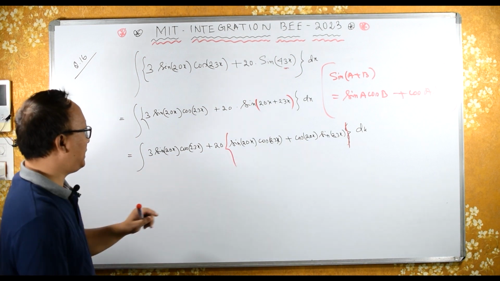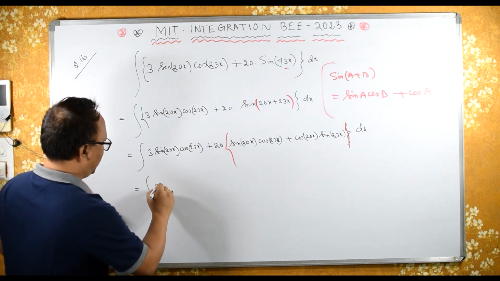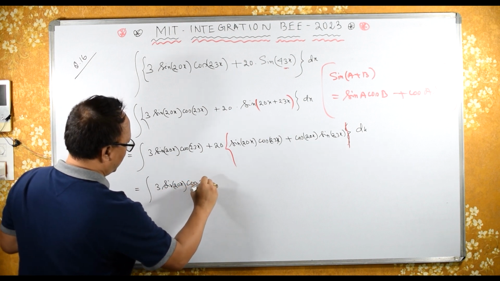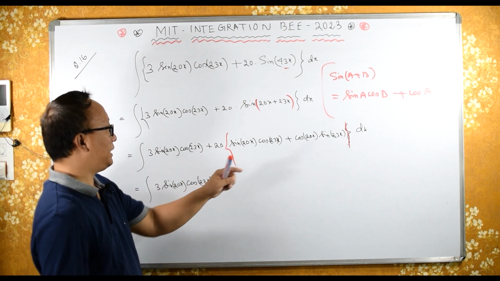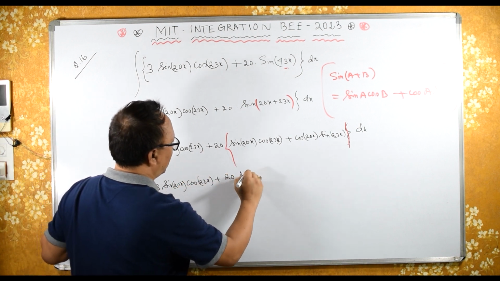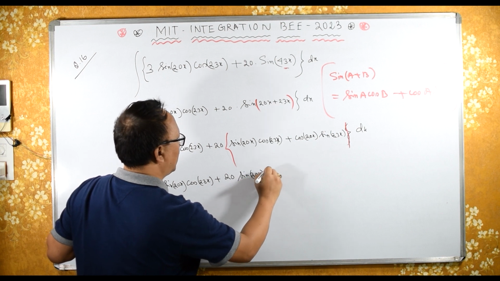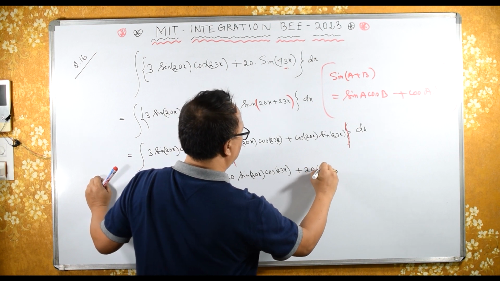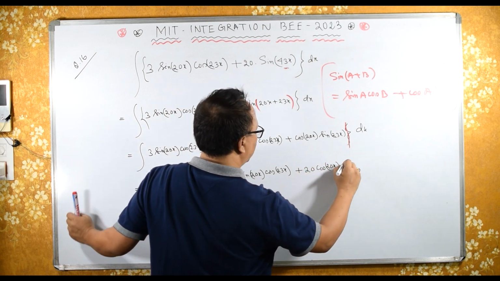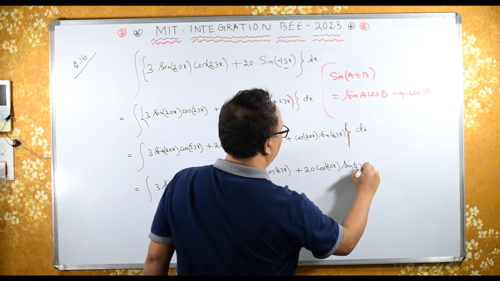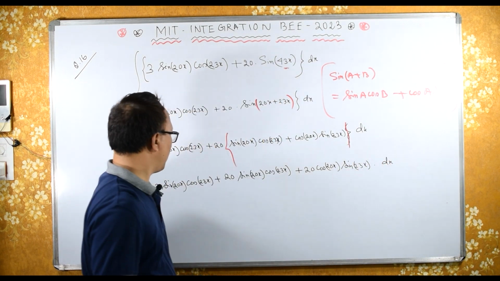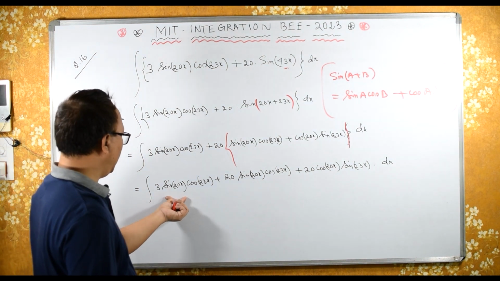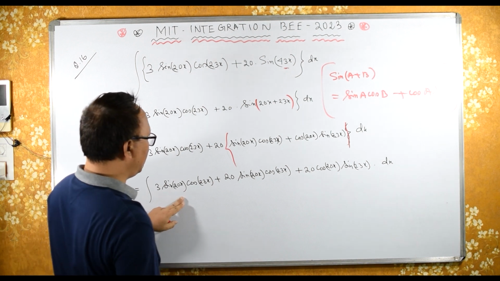Now let's multiply inside. Integral 3 sin of 20x cos of 23x plus, if I send 20 inside, it becomes 20 sin of 20x cos of 23x plus 20 cos of 20x sin of 23x, then dx. Now look here: sin 20x and cos 23x.